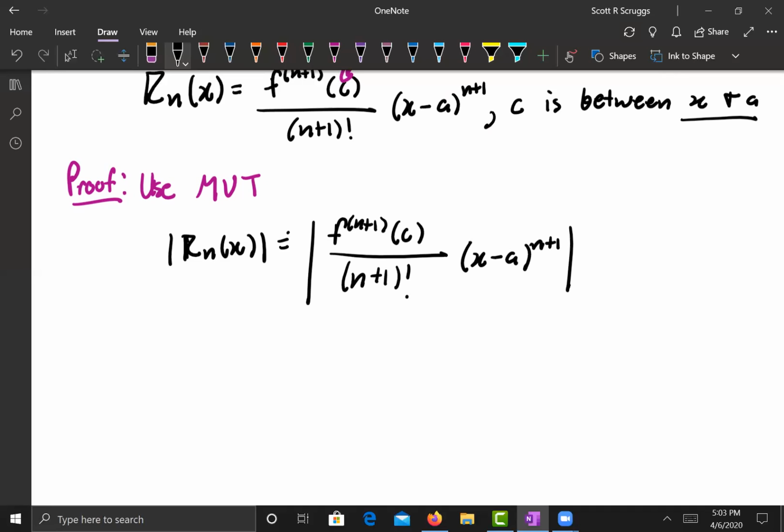Because I'm taking a product inside the absolute value, that is the same as the product of the absolute values of every part. So I'm going to rewrite that as the absolute value of f^(n+1)(c), times the absolute value of (x minus a) to the n+1. And because (n+1) factorial is already a positive number, the absolute value is redundant.